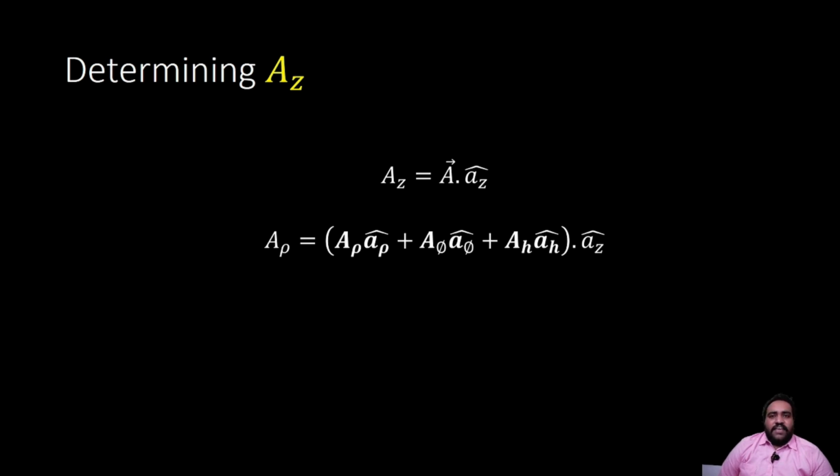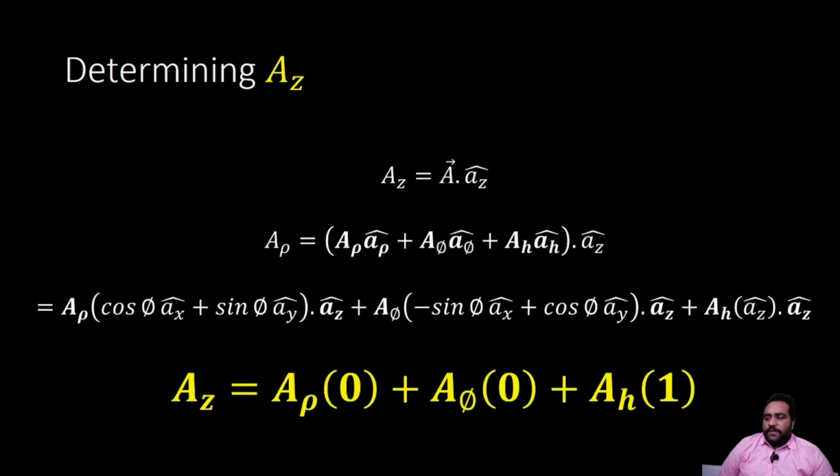A rho and a phi are orthogonal to az. So the answer would again be just ah.